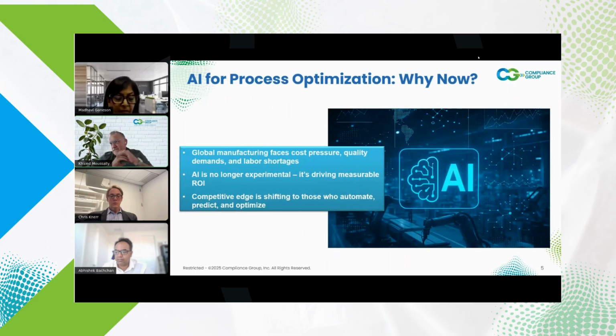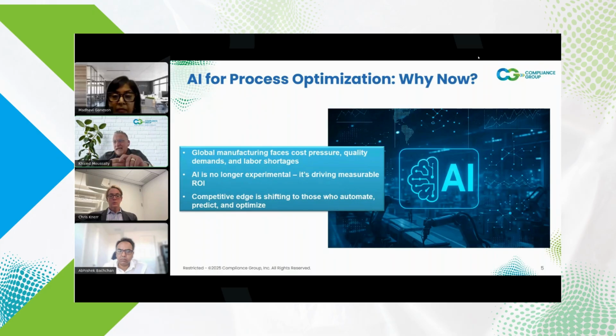Anyway, a couple of things here. Manufacturers are under so much pressure, like never before. They need to deliver higher quality product faster with fewer resources. What has changed? Well, what's changed is that AI is no longer a future promise. It's already embedded in leading operations.